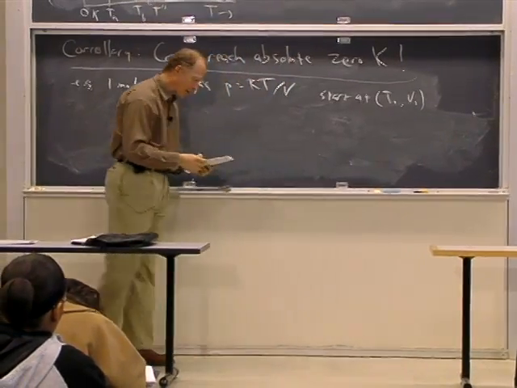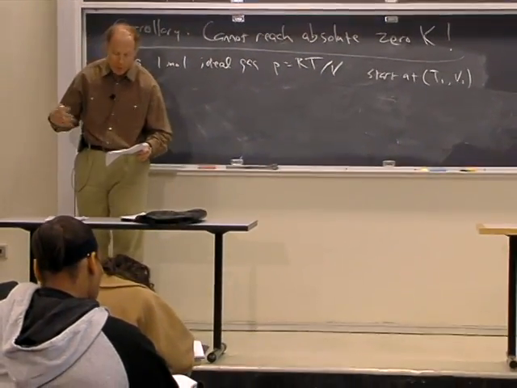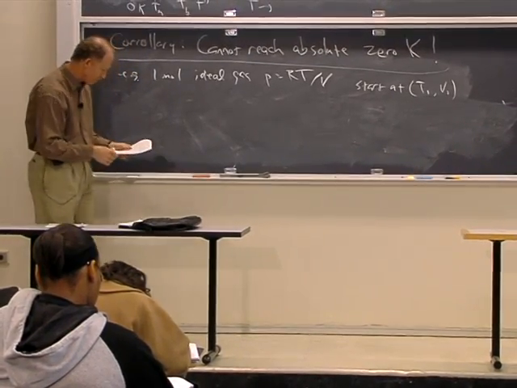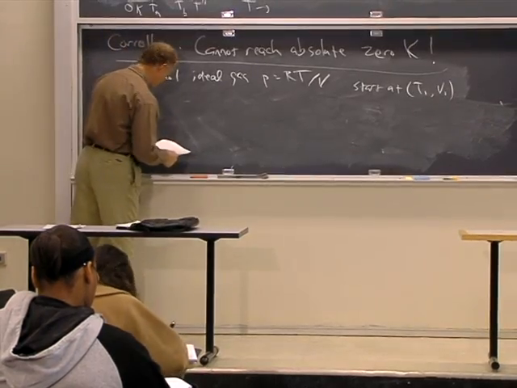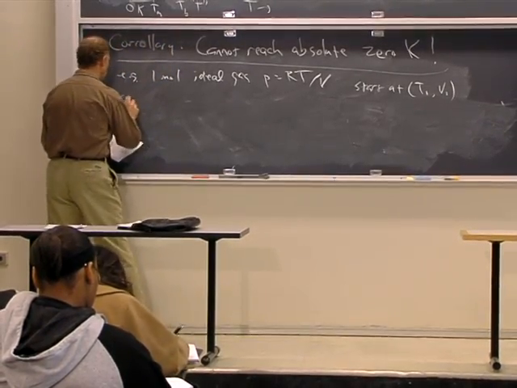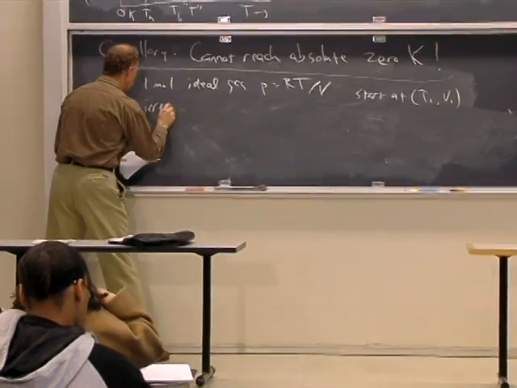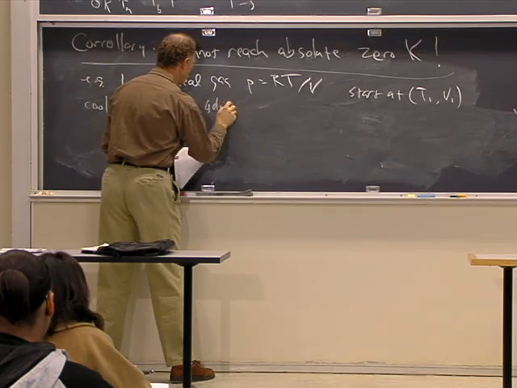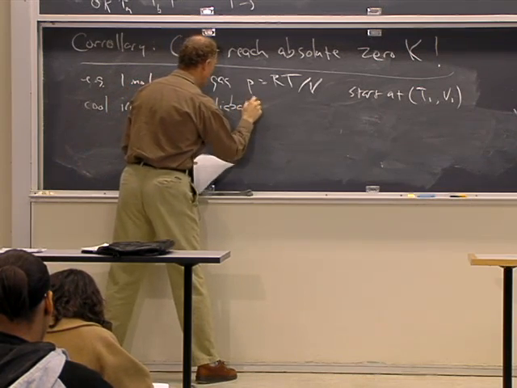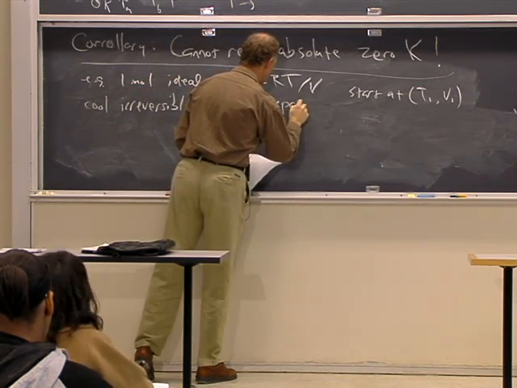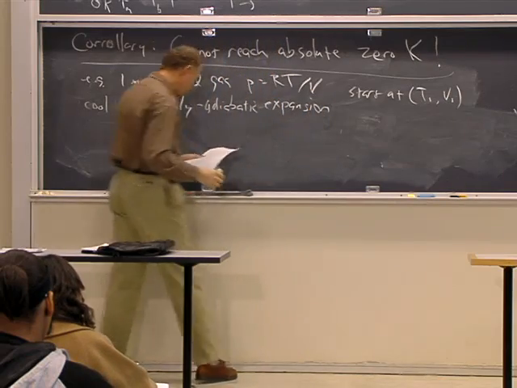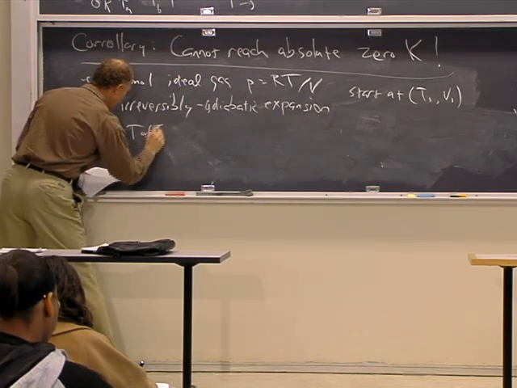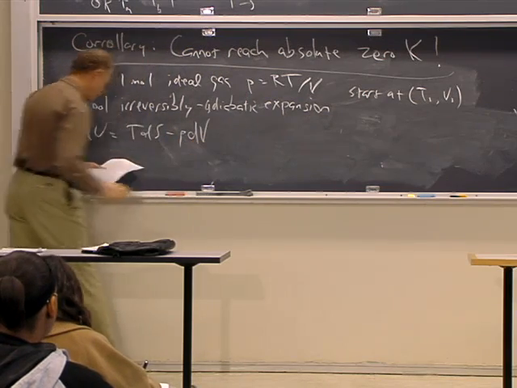We'll make it adiabatic, so it's like an irreversible expansion. I just want to calculate what delta S would be there, in terms of T and V. So dU is T dS minus P dV.